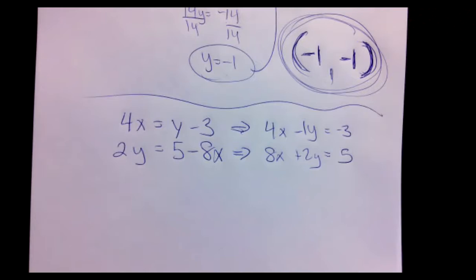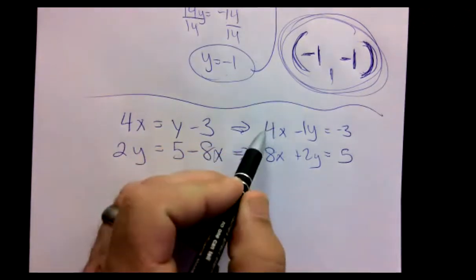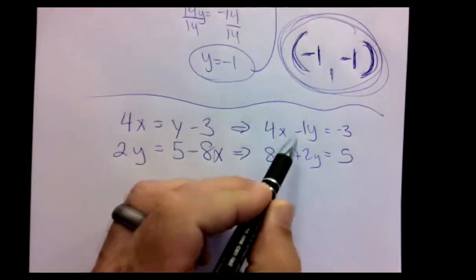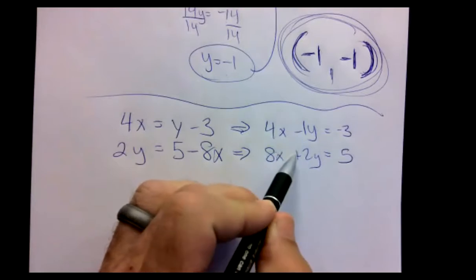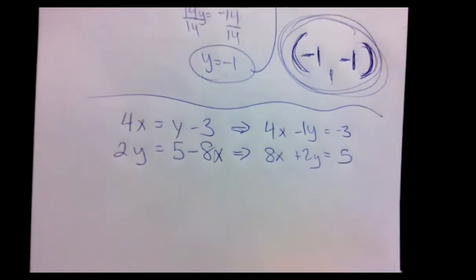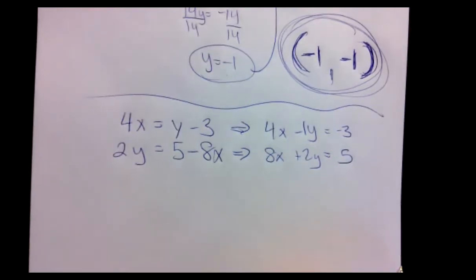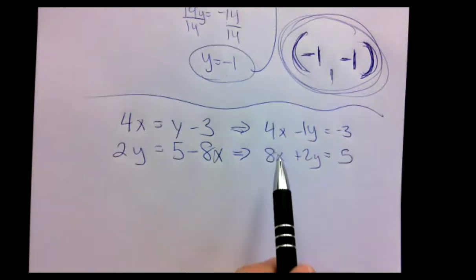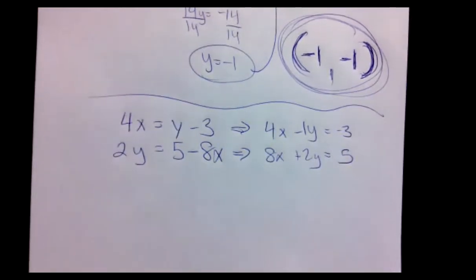Again, I'm going to solve by elimination. I want opposites. I've got a +4 and a +8. I've got a -1 and a +2. I don't have opposites, so I need to get them. And it doesn't matter which one we want to cancel out. If you want to cancel out your X's or your Y's, I'm going to cancel Y's.